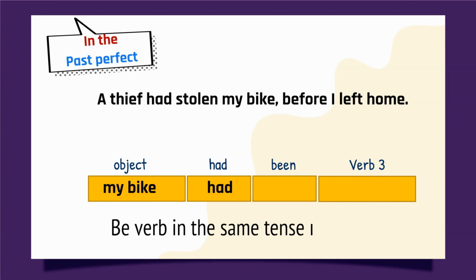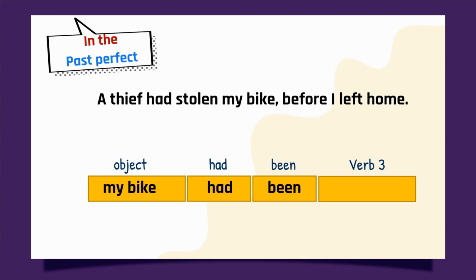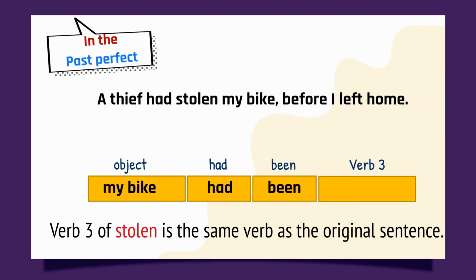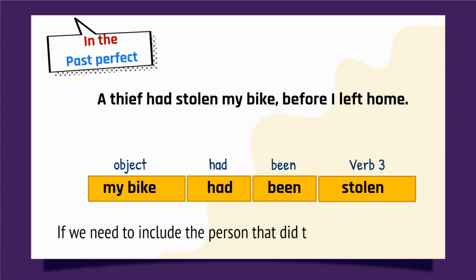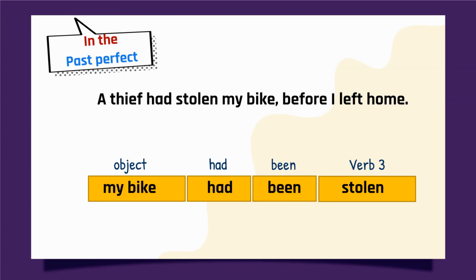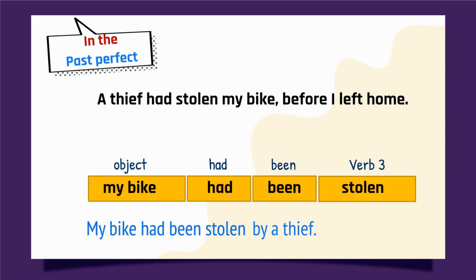Be verb in the same tense as been. Verb 3 of stolen is the same verb as the original sentence. If we need to include the person that did the action, we add by. My bike had been stolen. Or my bike had been stolen by a thief.